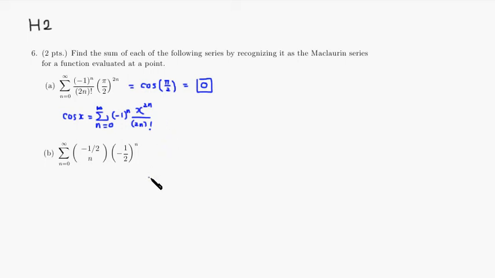So that was pretty simple. And the next one, part B. When you look at this, a binomial coefficient, so it's also a giveaway that it's going to be a binomial series.